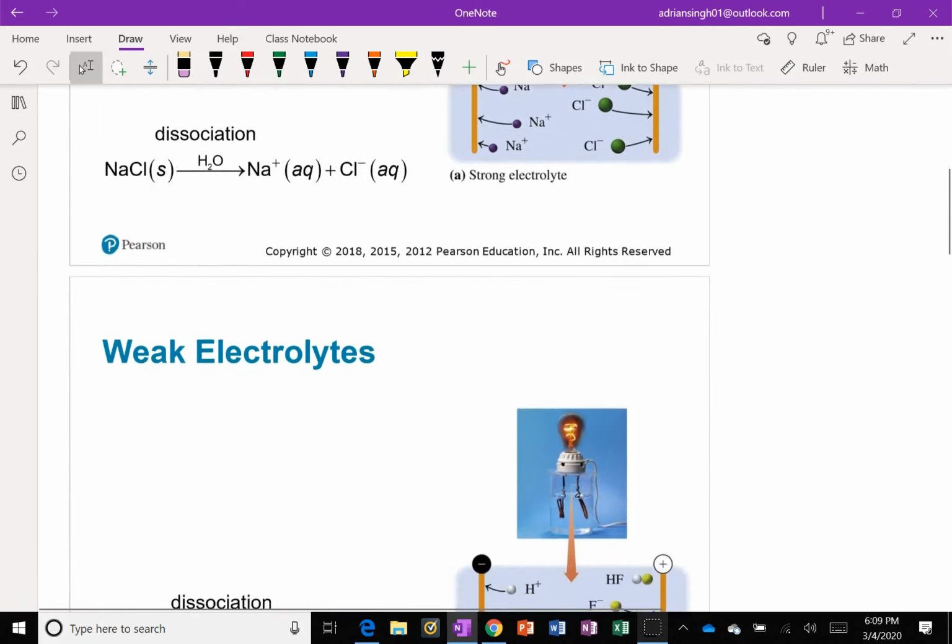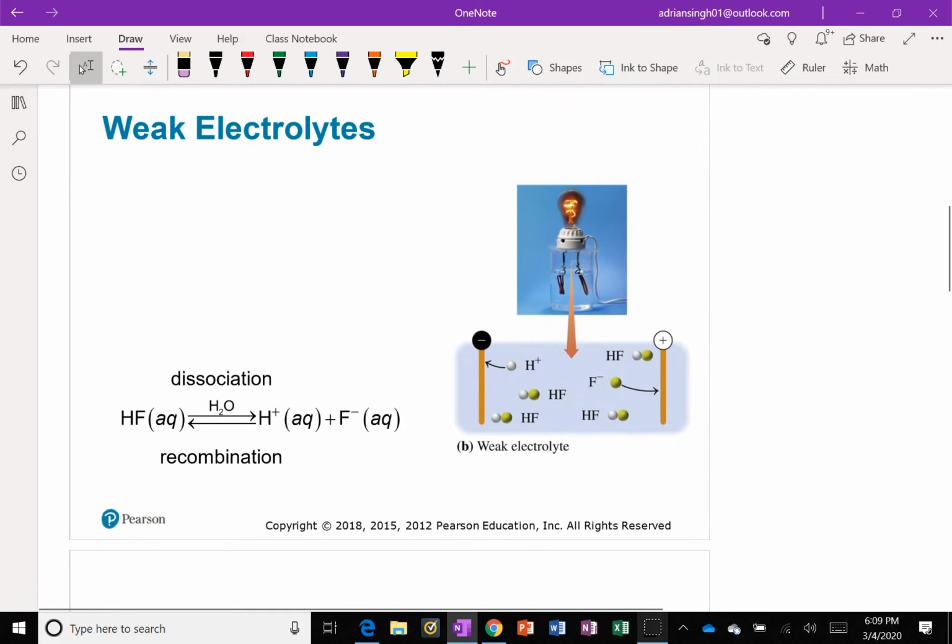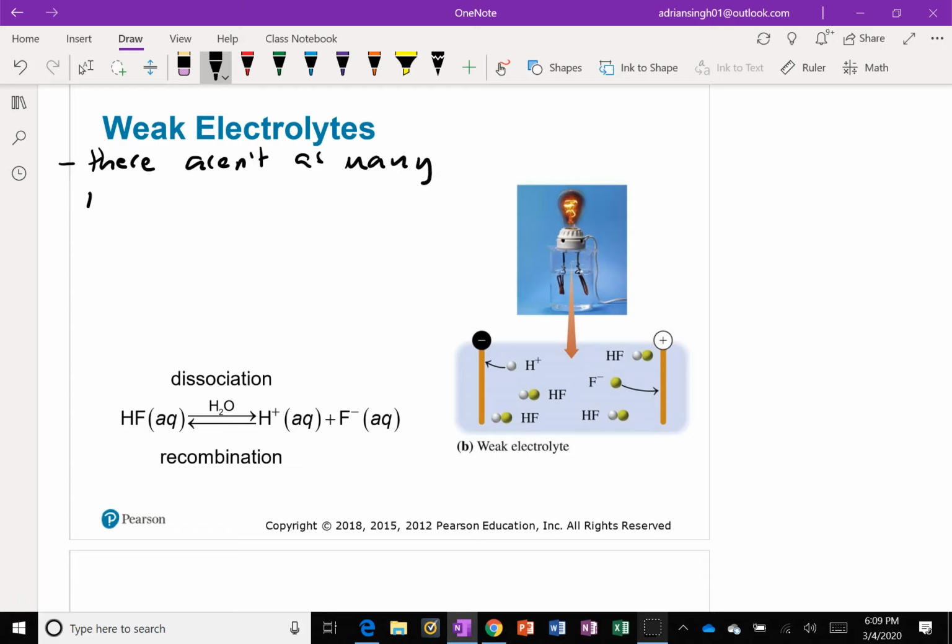Not all electrolytes are strong though. We actually see lots of weak electrolytes. So a weak one is one in which there aren't as many ions in solution.